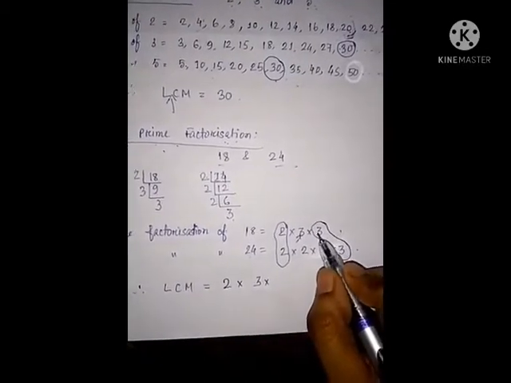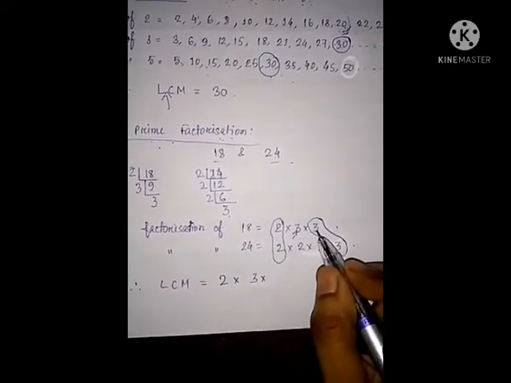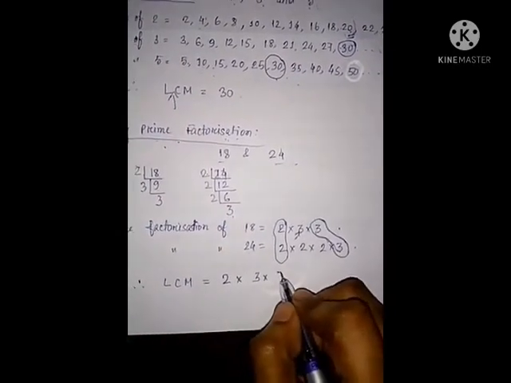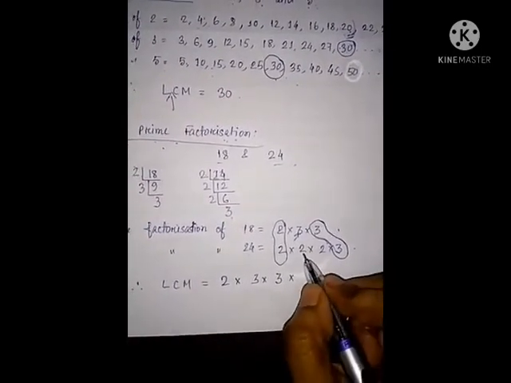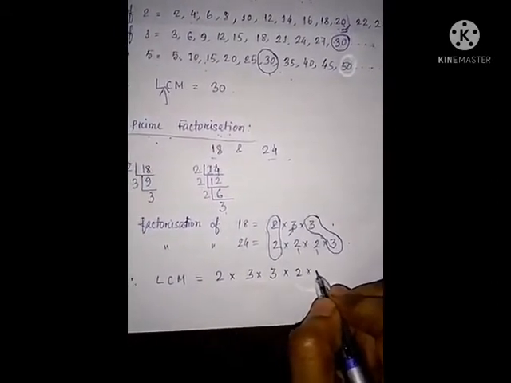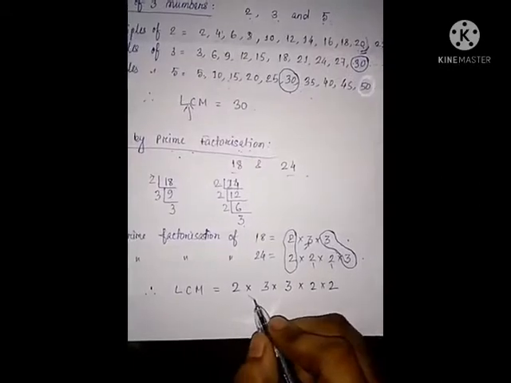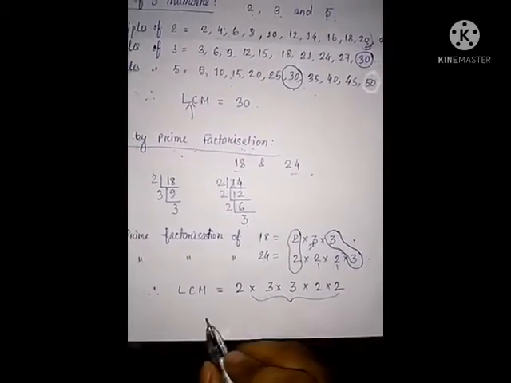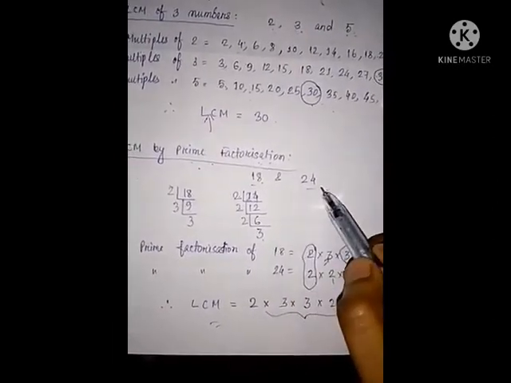This 3 is common in both, so we take only one of these. And after that, we take the remaining prime numbers, 2 into 2. After we multiply all these numbers, we will get the LCM of 18 and 24.